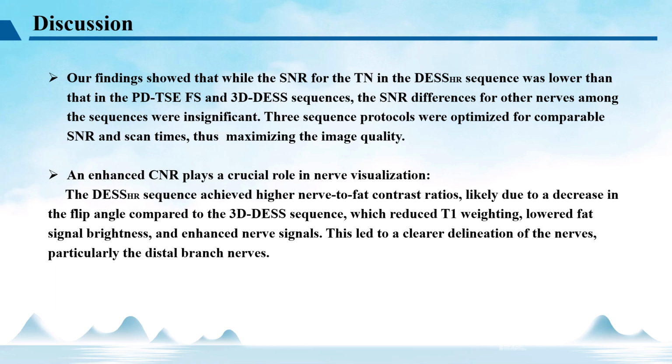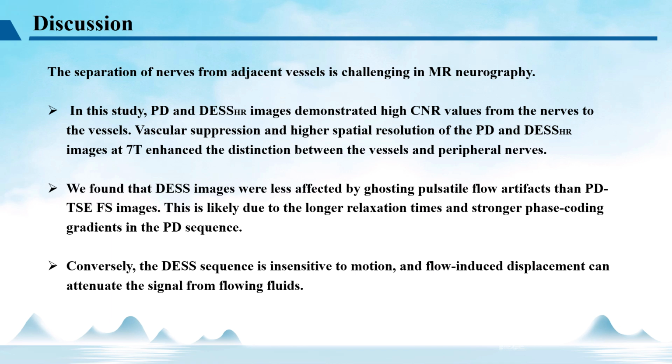The enhanced CNR plays a crucial role in nerve visualization. The DESS HR sequence achieved higher nerve-to-fat contrast ratio, likely due to a decrease in the flip angle compared to the 3D DESS sequence, which reduced T1 weighting, lowered fat signal brightness, and enhanced nerve signals.